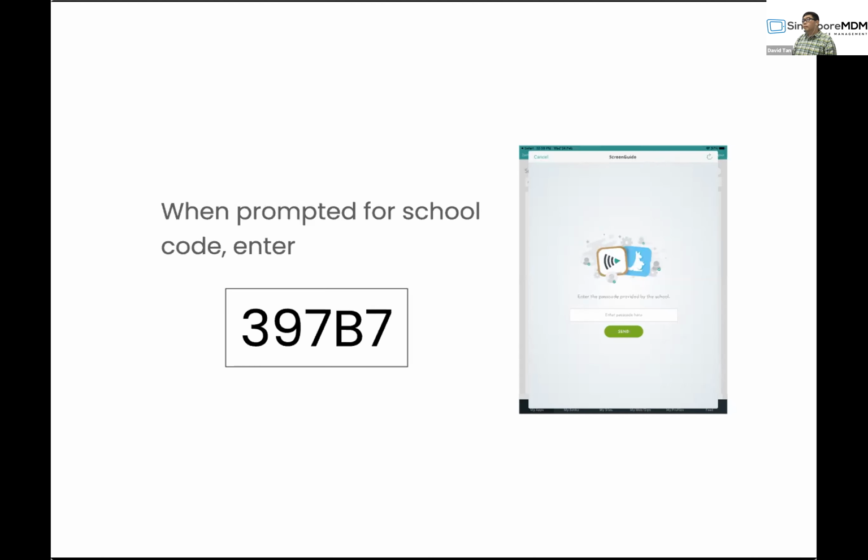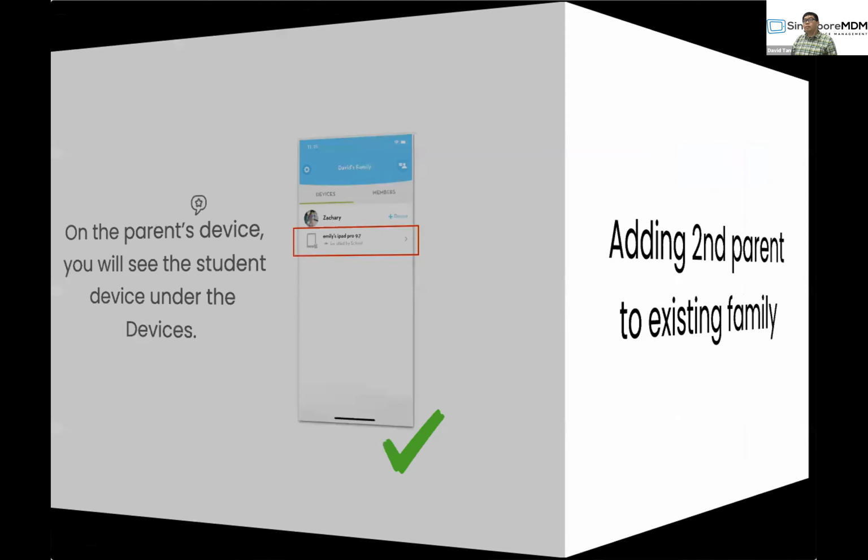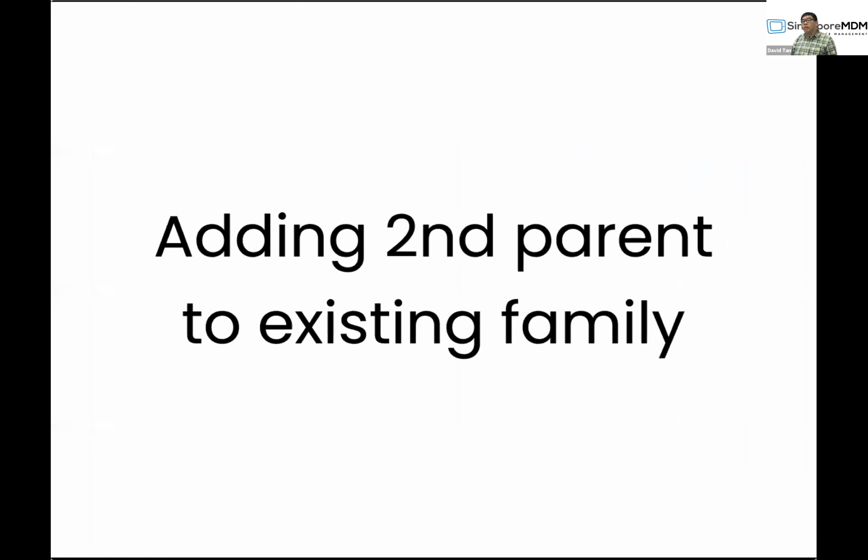For the next part, I want to quickly touch on how to add a second device. Most of the time, both parents will want to have the ability to manage. So here I will go through how you can add a second parent. If your second parent is not next to you right now, it doesn't matter. I'll just run through the steps quickly so that you can do this at a later stage.